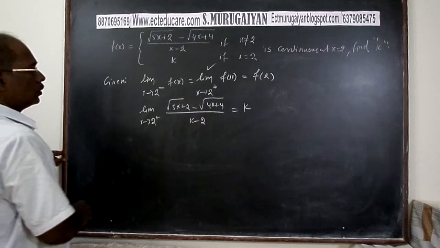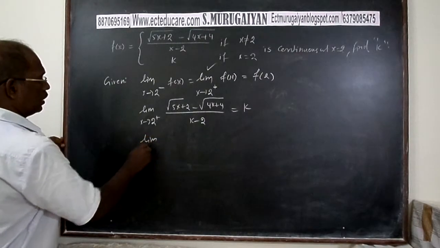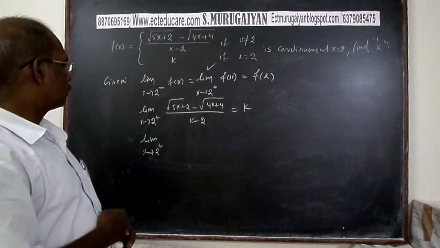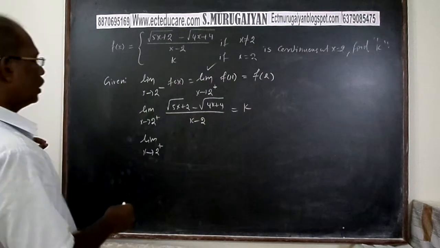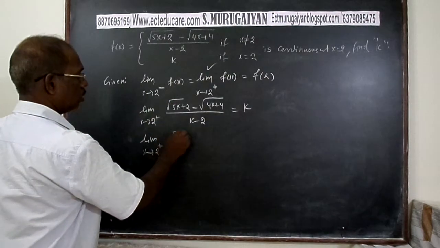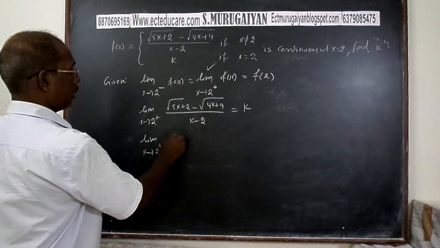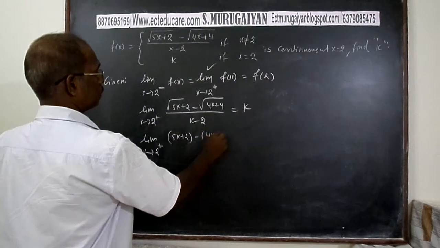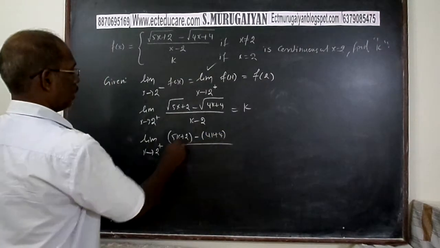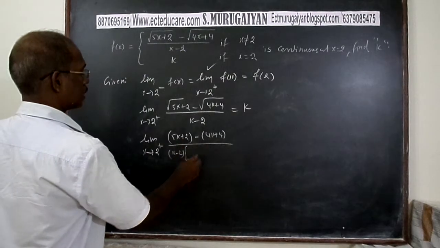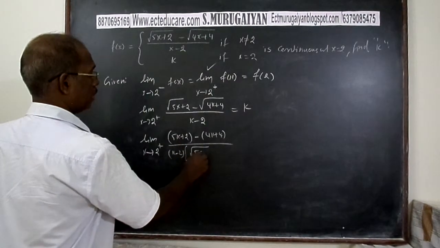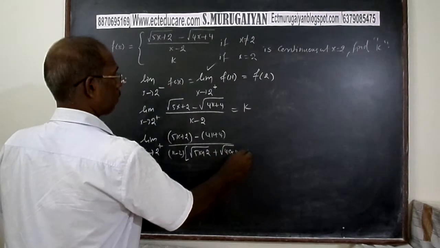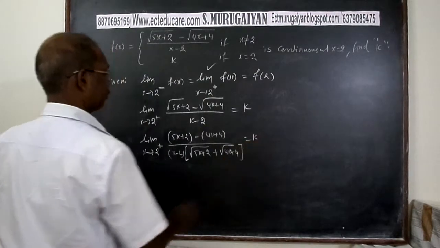Now, limit as x approaches 2 plus, we can do one thing. First we can rationalize. After rationalization, root of 5x plus 2 minus root of 4x plus 4, divided by x minus 2, the rationalization factor will come, root of 5x plus 2 plus root of 4x plus 4, is equal to k.